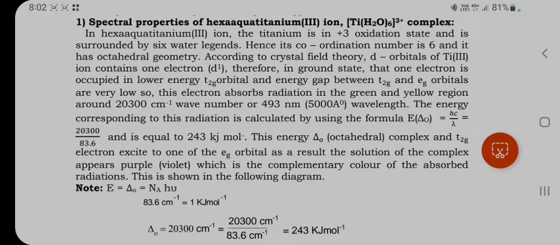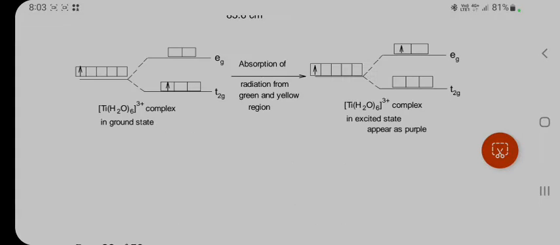As a result, the solution of the complex will appear purple, which is the complementary color of the absorbed radiation. This can be explained by the diagram. Here you can see in the titanium ion, the d1 electron is present in the lower energy t2g orbital.